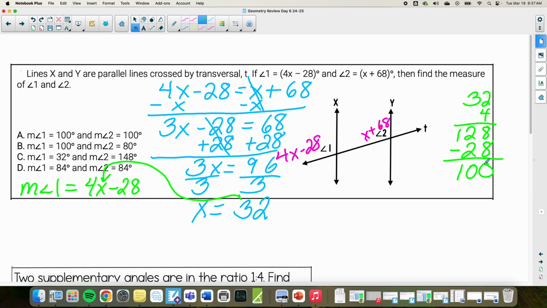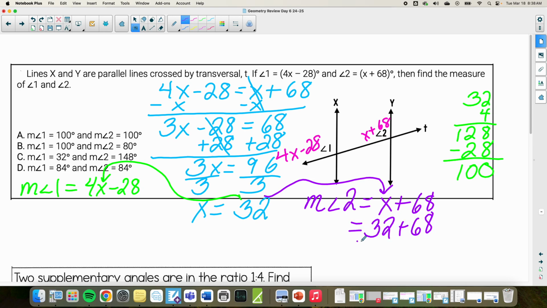So we know angle 1 is 100, so we know it's either A or B. Just thinking like common sense, what should angle 2 be? 100. But you could check and make sure it is. So what you could do is say, well, measure of angle 2 is x plus 68. So if I took 32 and put it in there, 32 plus 68 is 100, okay?